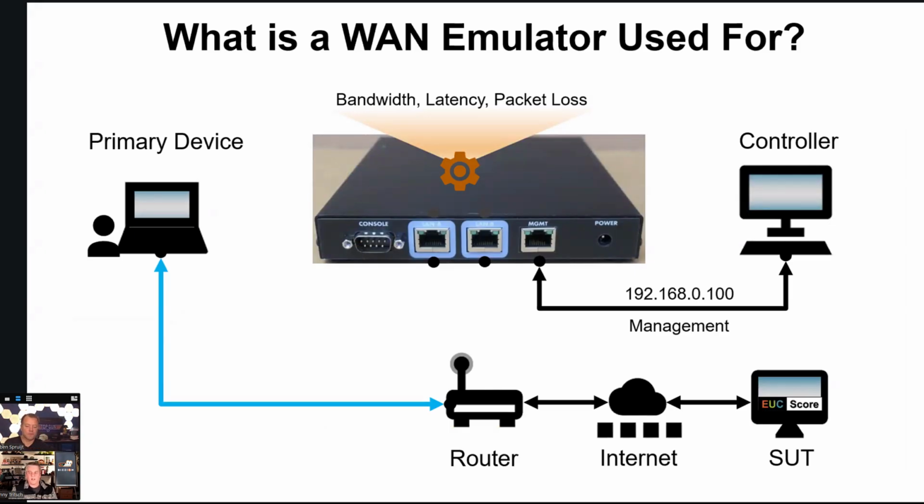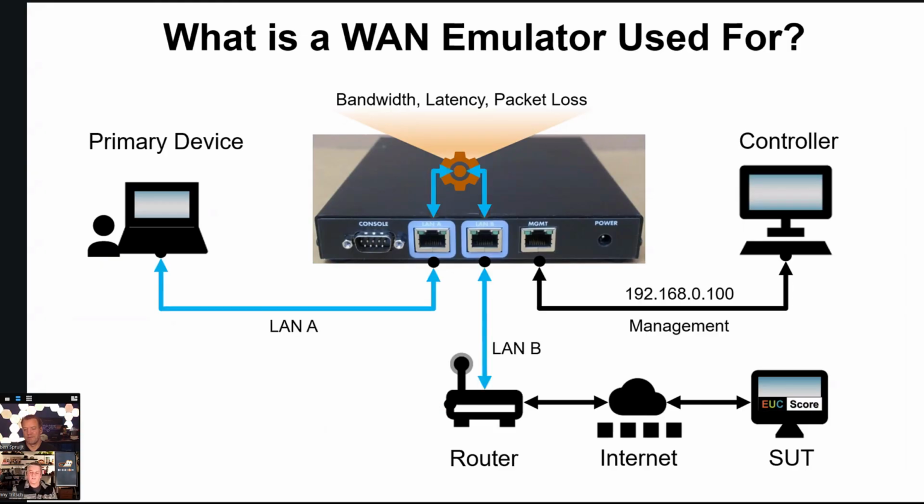Now, I mentioned the WAN emulator, and you've seen it. The WAN emulator can be used to modify bandwidth, latency, and packet loss. I can introduce a different spec to the network. And here you see the connection without going through the WAN emulator. So my primary device is connected to the router, which is connected to the internet, which is connected to the system under test.